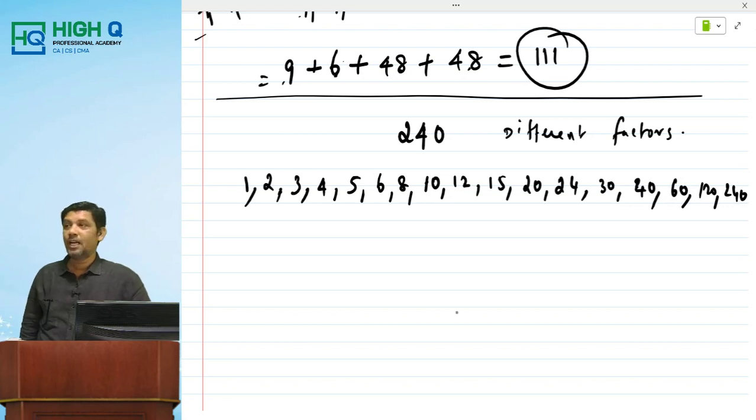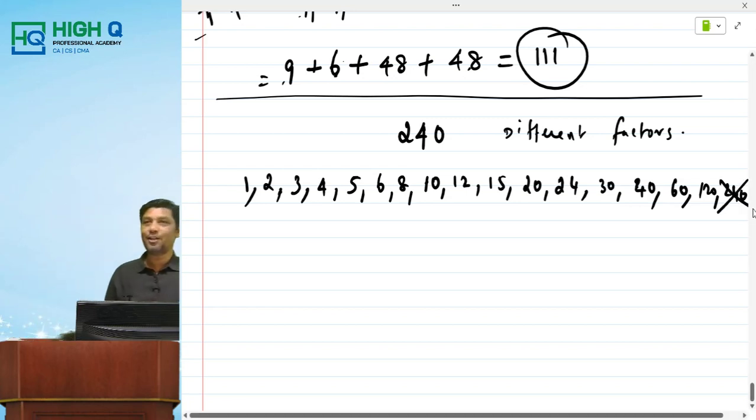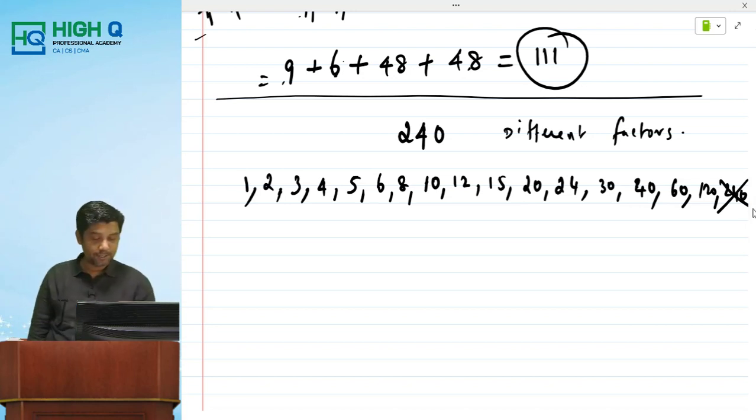Look at this. The question says different factors. So 240 cannot be counted because it's the same number. Except this, how many factors are there? 6, 7, 8, 9, 10, 11, 12, 13, 14, 15, 16. Oh, what a mistake I did.